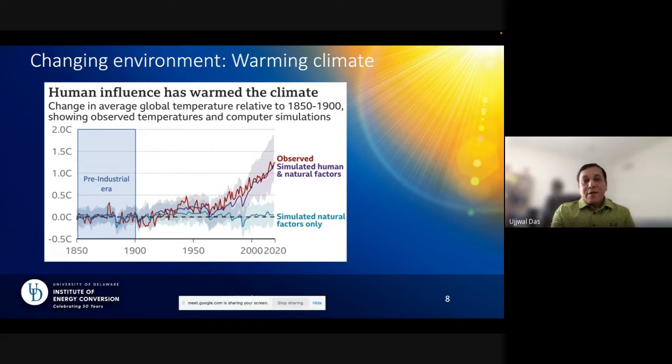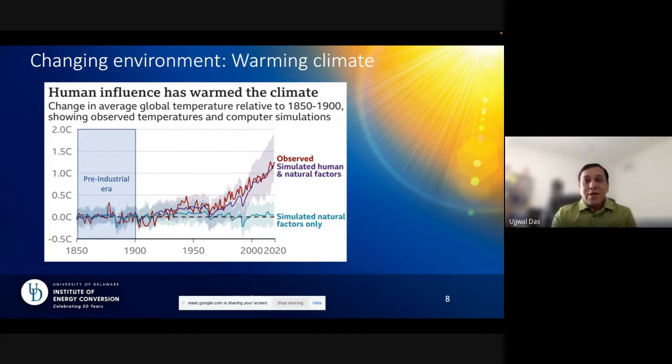The figure here has an important message. Our planet will warm gradually, but if we consider only the natural factors, it does not increase substantially. It is very flat, shown in this blue curve.